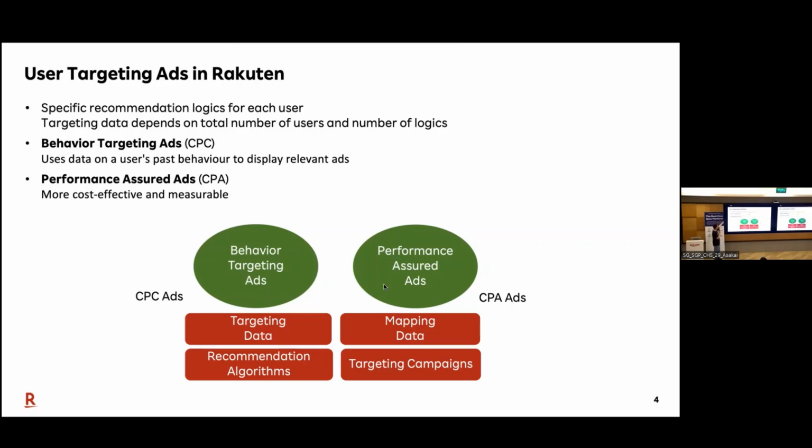And the behavior targeting ads is pretty common in the ad industry, where we use CPC as a model. CPC is the cost per click. It means whenever you are interested in the ads and you click on that, the merchant, the advertiser, will be charged.